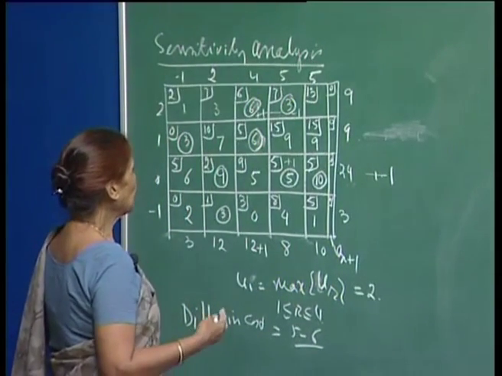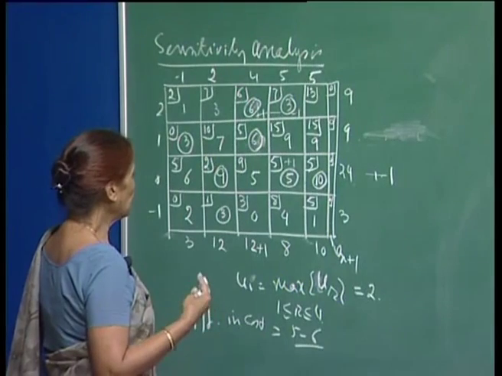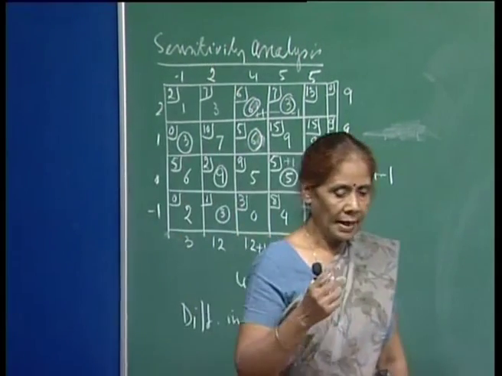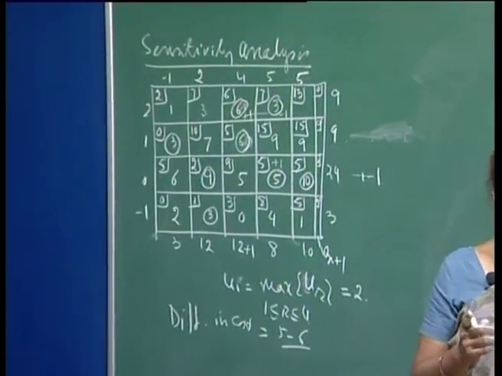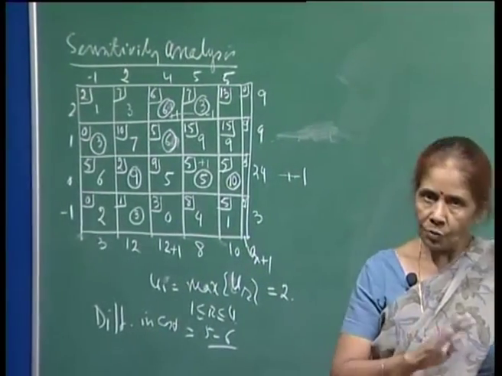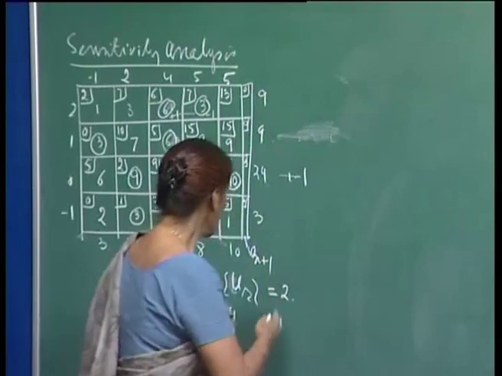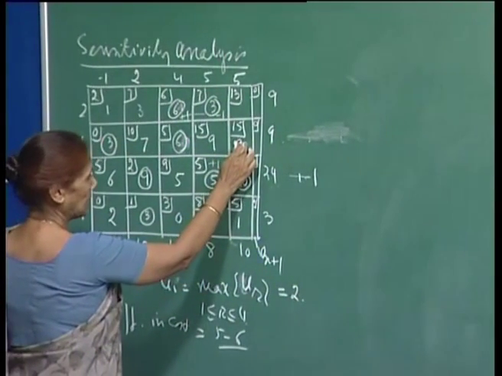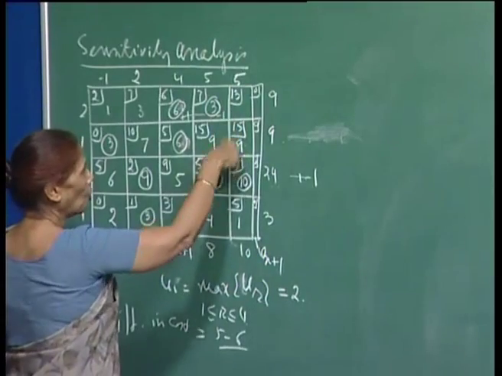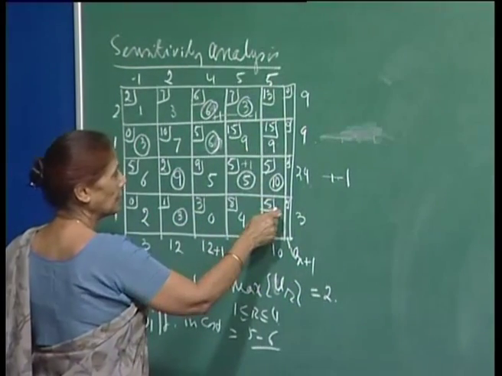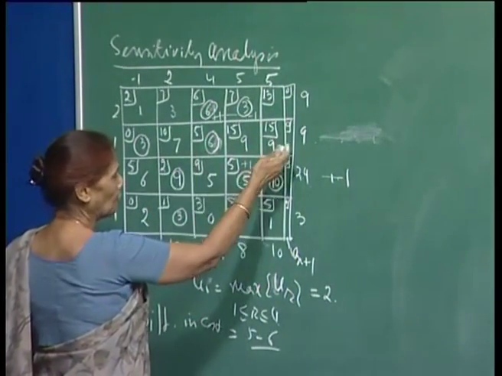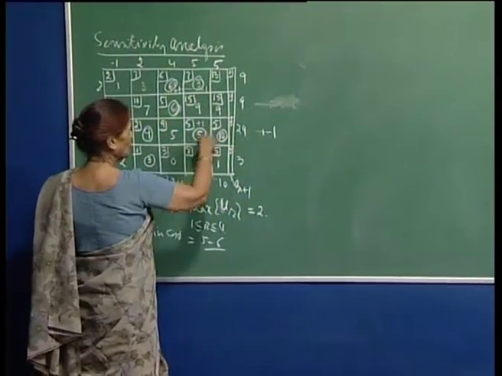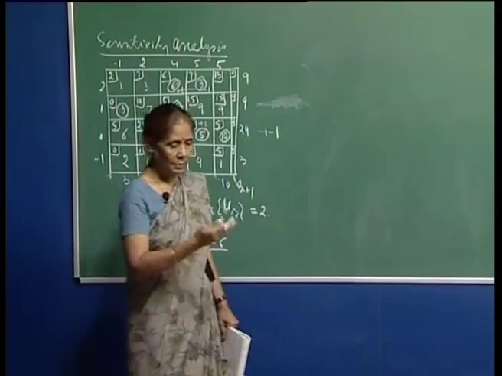I defined for you a set of basic cells, and what we want to say is that at least one basic cell will always be present in every row and column of the whole array, which you can see by connectivity. If I take any non-basic cell in a column, and if there is no basic cell present in that column or in that row, then I cannot find a path from that non-basic cell to connect it to the basic cells.